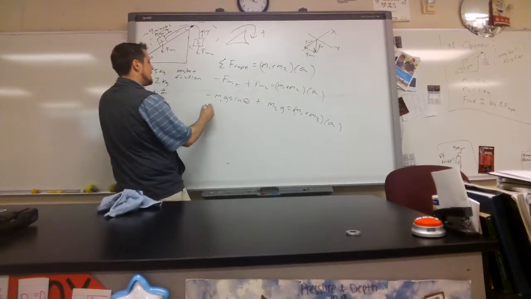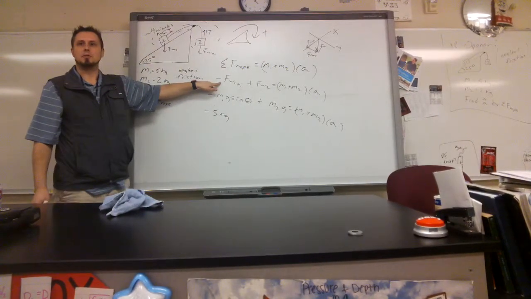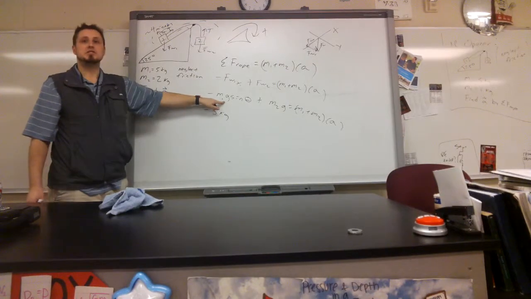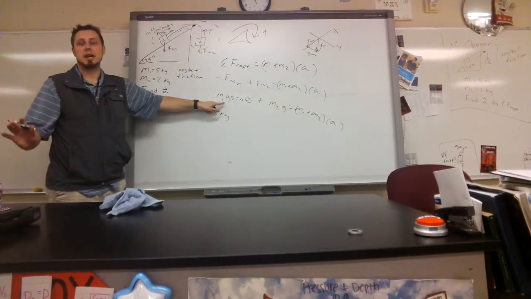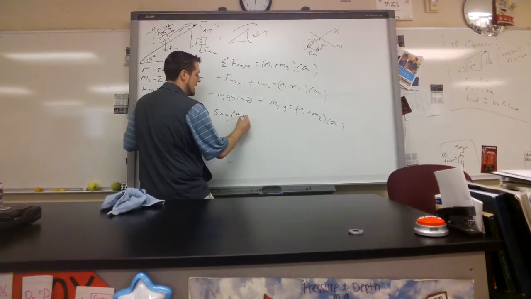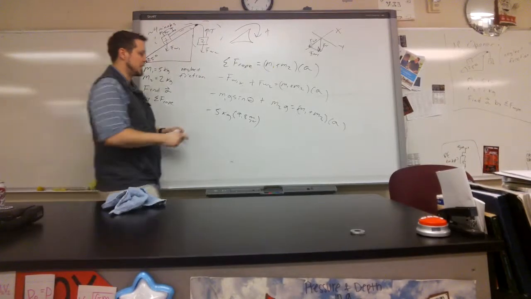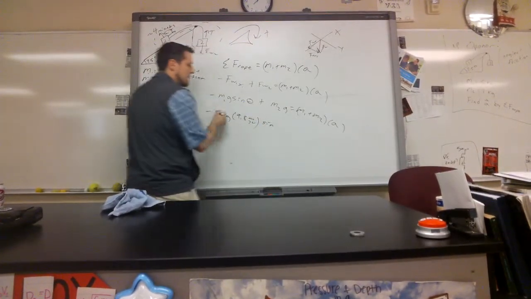M1 is 5 kilograms. Oh, and did I already take care of the sign when I summed my forces? Yes. So when I plug in this g, it's just the magnitude now. It's 9.8. Every once in a while, I'm probably going to still be in physics mode, and I'll throw a negative or something on there. Correct me, I'll give you some bonus, okay, if I ever forget that I've already accounted for the sine.